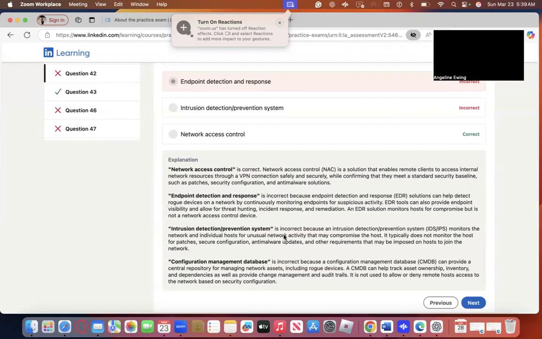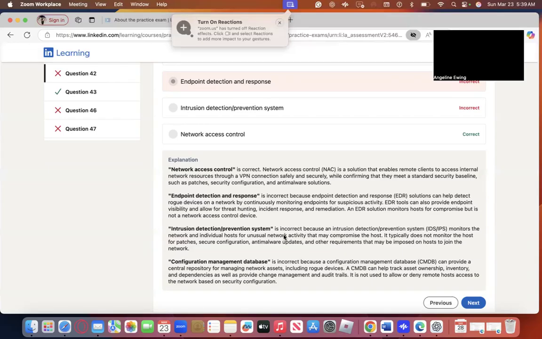EDR tools can also provide endpoint visibility and allow for threat hunting, incident response, and remediation. An EDR solution monitors hosts for compromise, but is not a network access control device.